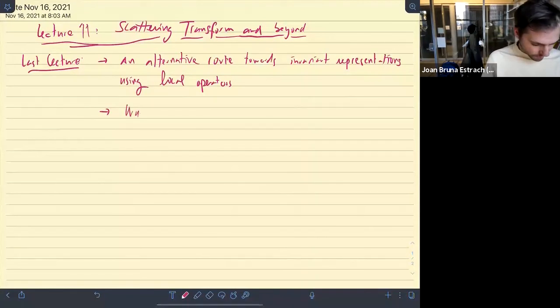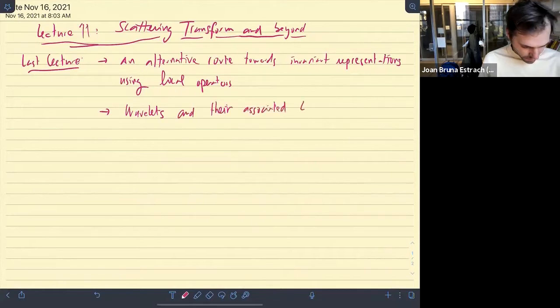So we saw wavelets and their associated Littlewood-Paley transforms. And I think this is where we stopped.